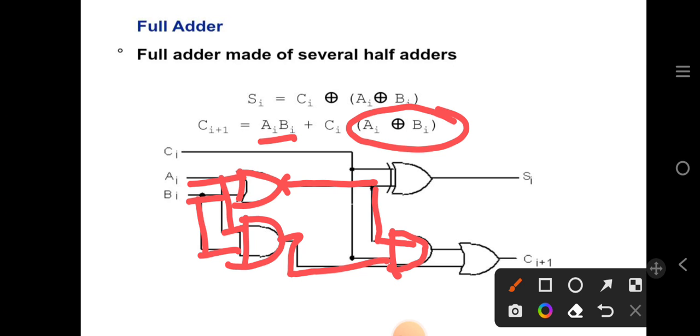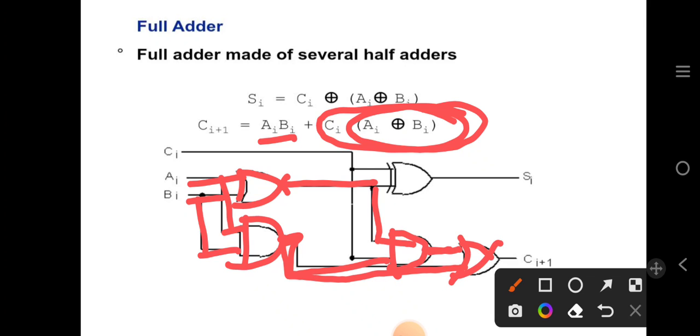After that the output of this complete AND gate is given to the OR gate, and the other input to this is Ai.Bi. So these 2 inputs are given to the OR gate.